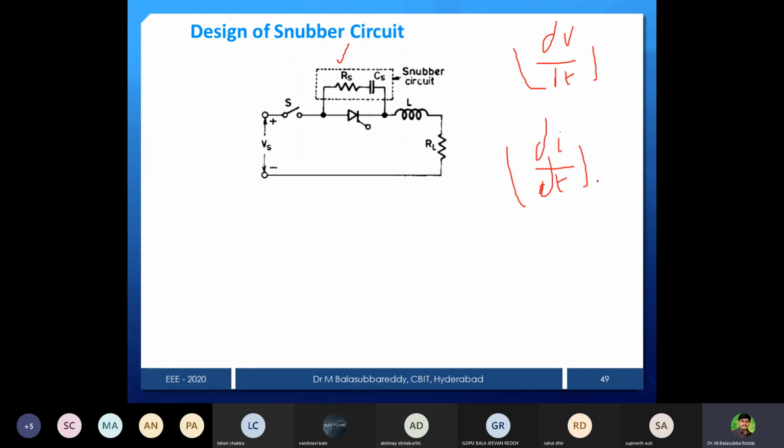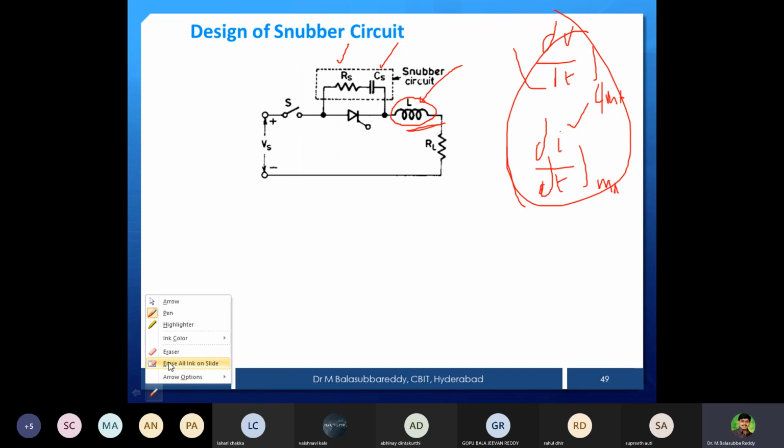By knowing dV by dt and di by dt max, based on these values we need to design what is the L value, what is the CS, what is the RS. To minimize di by dt you need to place an L. These parameters we need to find: one is the RS, another is the CS, and L.